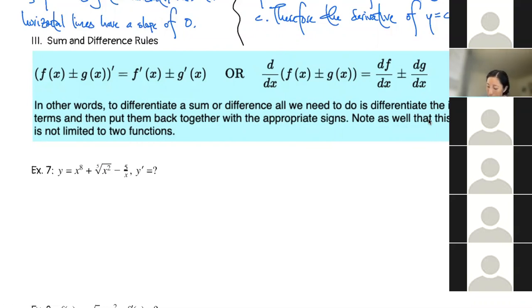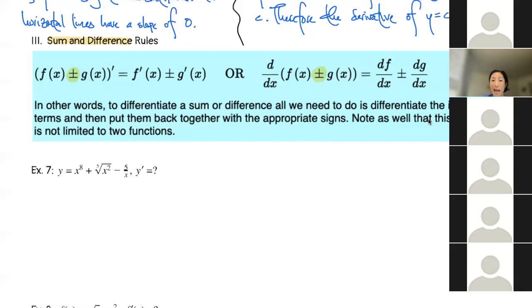And so it turns out that when we are adding or subtracting, and this is super important here, when we are adding and subtracting, notice I did not say multiplication and I did not say division.